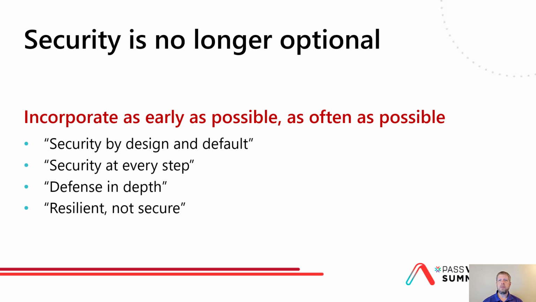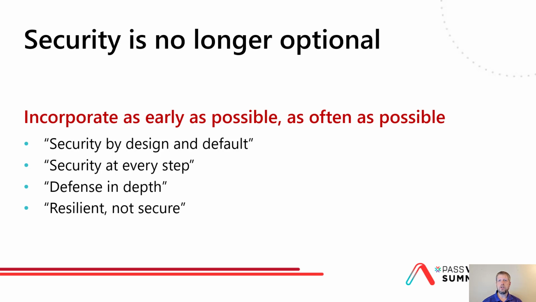You also want to think about being resilient, not secure. Secure implies that it's impossible to break through your security measures. And this is no longer possible. Hackers have gotten too good, and the environments are just too complex. Instead, think about being resilient.